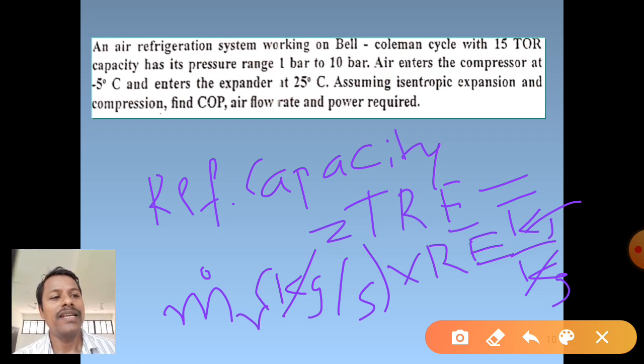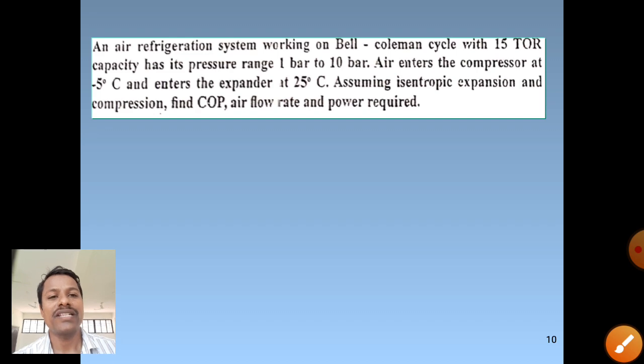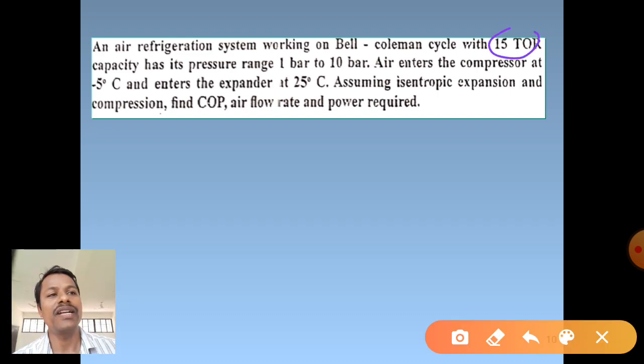And if I mention refrigerator capacity or total refrigeration effect in terms of TOR, that is how much he has mentioned in this problem statement: 15 TOR. This is the total refrigeration effect or tons of refrigeration.